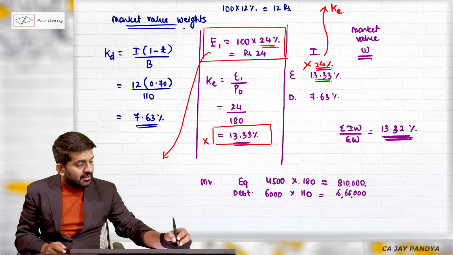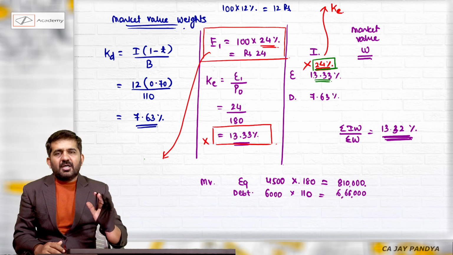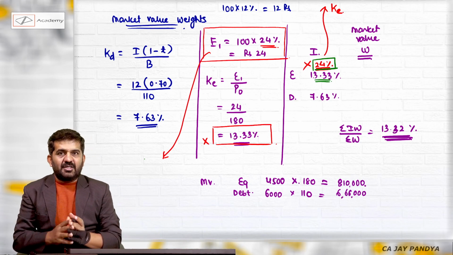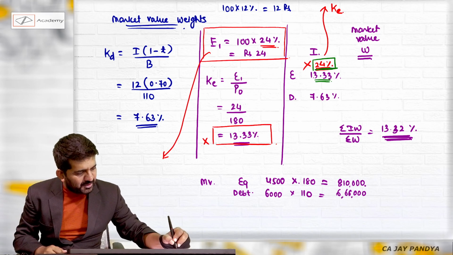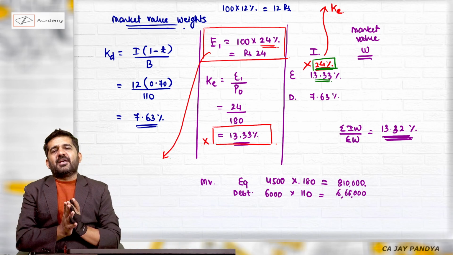But I feel this should be 24% instead of 13.33%. Other things are absolutely correct, and we can get easily 5 marks. Now, if you write down 24% over here, you will be getting full marks or not? I feel you should be getting 5 out of 5 marks.